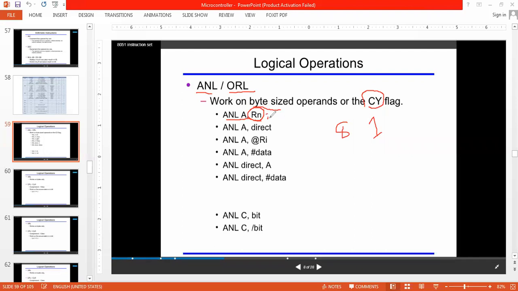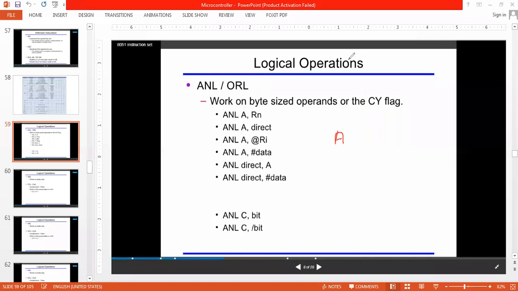The content of the register and the content of the accumulator A are ANDed together, and the result is again stored into the A register only. Simple.